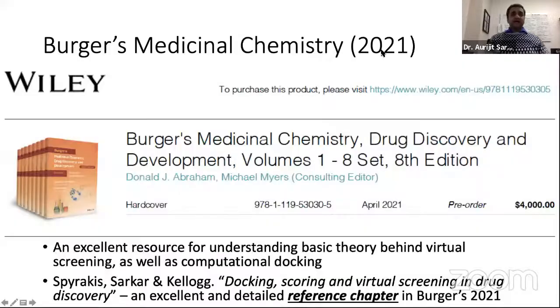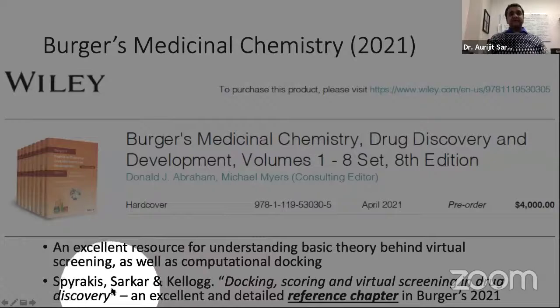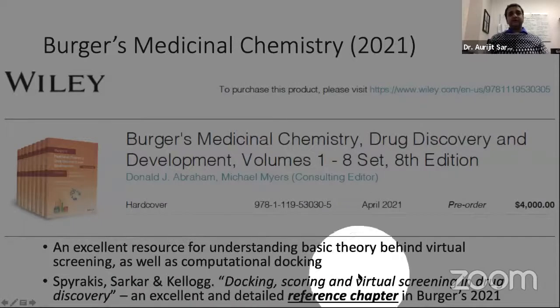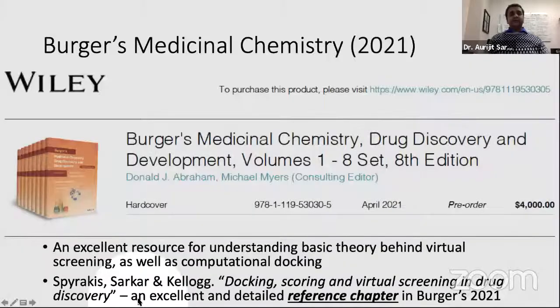I and a few co-workers, including my PhD boss, have written a book chapter on docking, scoring, and virtual screening in drug discovery. If you are trying to pick up the theory and practice of docking and scoring, I highly recommend that you take a look at this upcoming book chapter. I think you might find it extremely interesting and extremely informative.